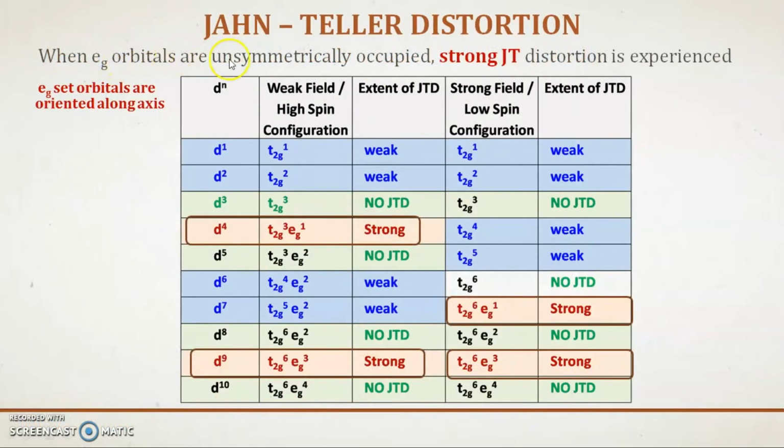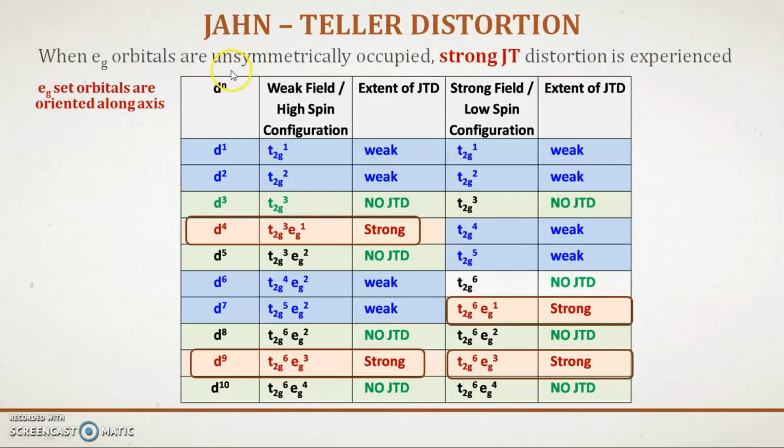When eg orbitals are unsymmetrically occupied, then strong Jahn-Teller distortion is experienced. Why? Because the eg set of orbitals are the ones which are oriented along the axis, and Jahn-Teller distortion also occurs along the axis. And when the eg orbitals are unsymmetrically occupied, what is the meaning of this?